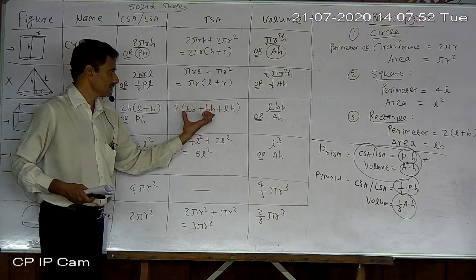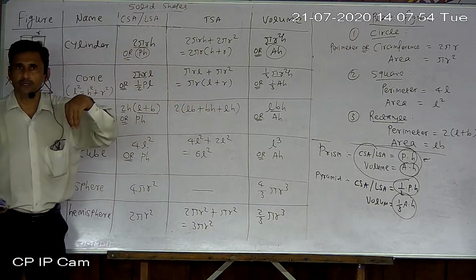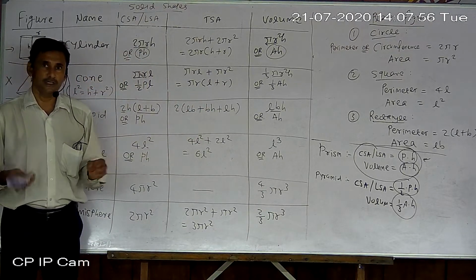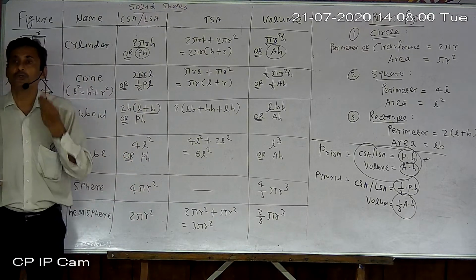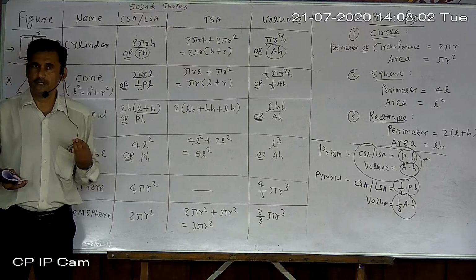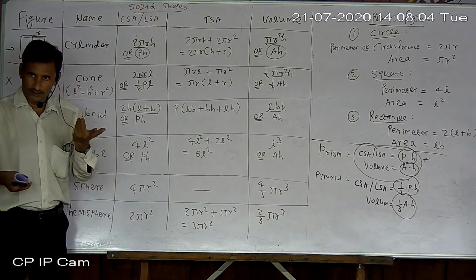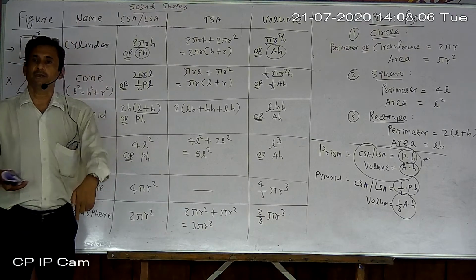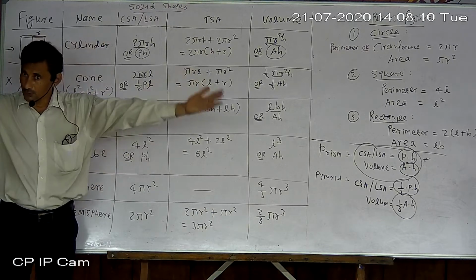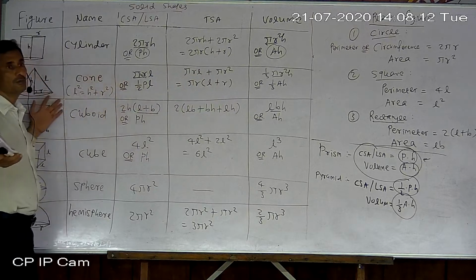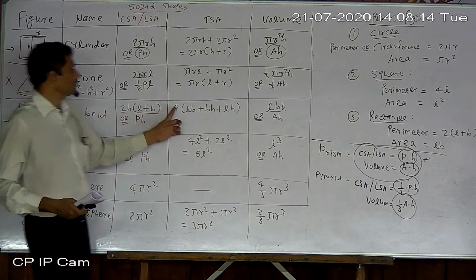All 6 rectangles are included. If you are sitting in your room, just look at your room. Rooms are mostly of cuboid shape. There are 4 walls, 1 roof, and 1 floor. Roof and floor are equal. Opposite walls are equal, and the other opposite walls are also equal. That's why 2 is taken common.